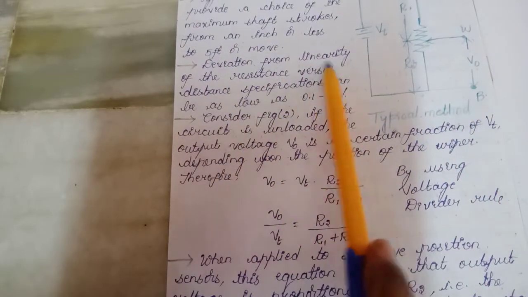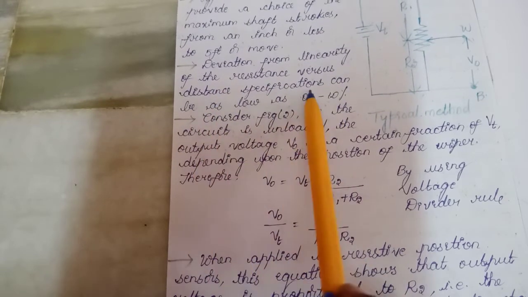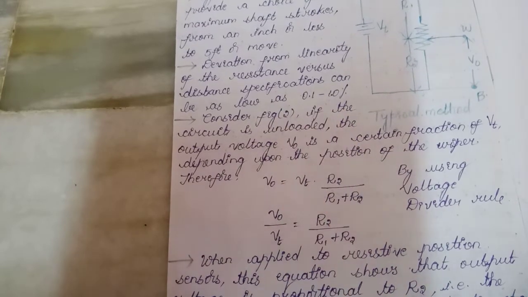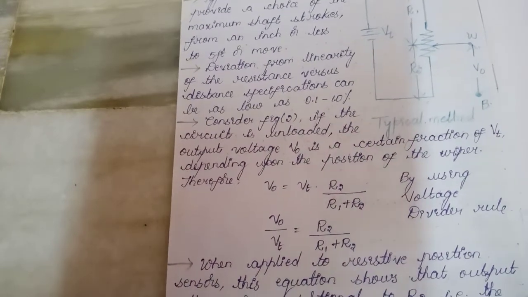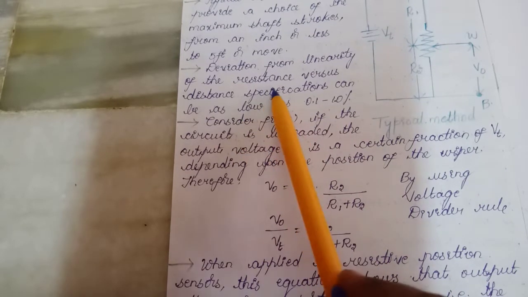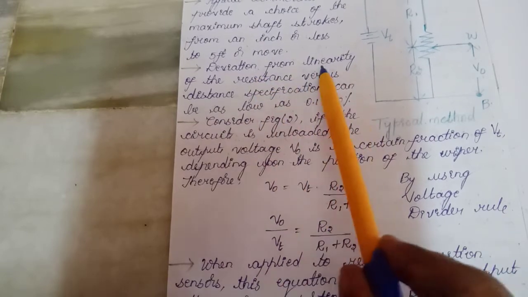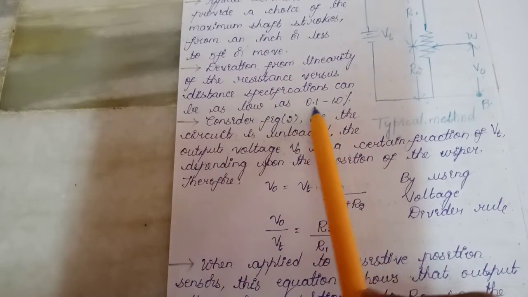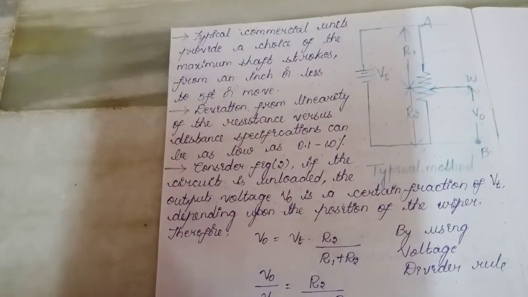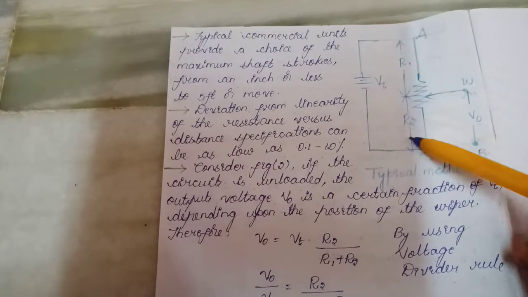The deviation from linearity of resistance versus distance can be as low as 0.1 to 10%. This means the relationship between the movement of the shaft distance and the resistance. In this circuit, this is R1 and after this it is R2.